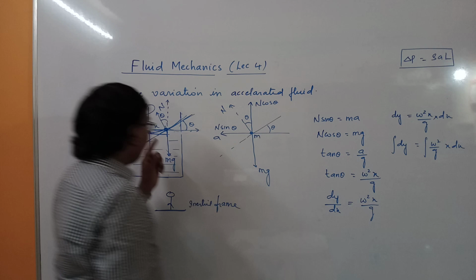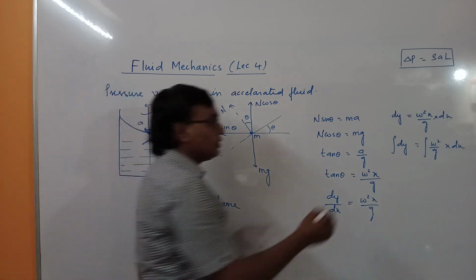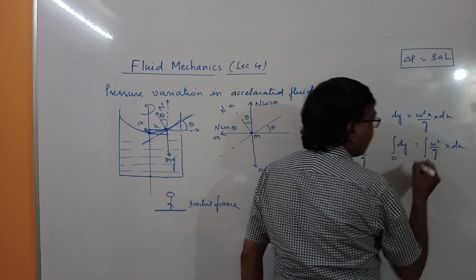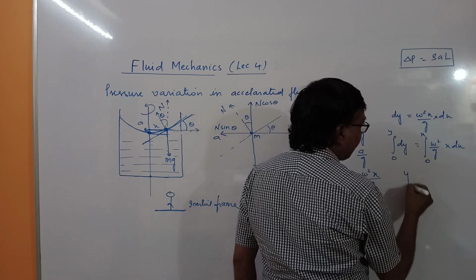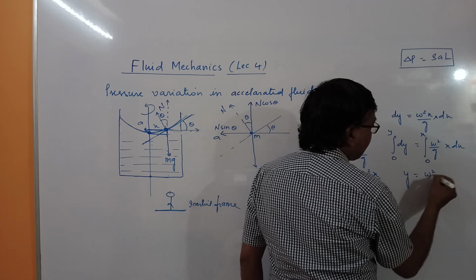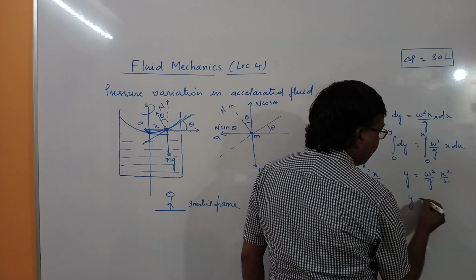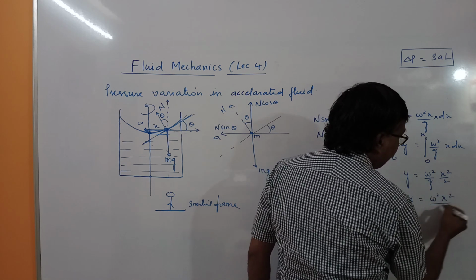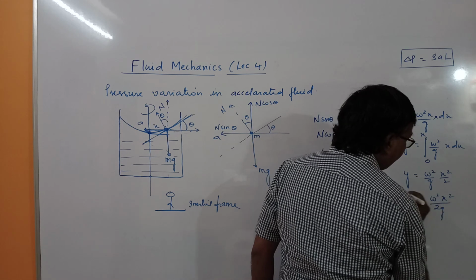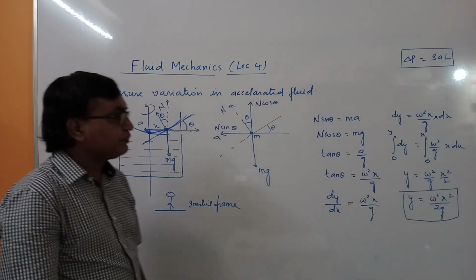Now if I take this as origin, here x is 0, y is 0. Here it is x, here it is y. So y equals omega square by g into x square by 2. So y is equal to omega square x square by 2g. So this is the relation between y and x.